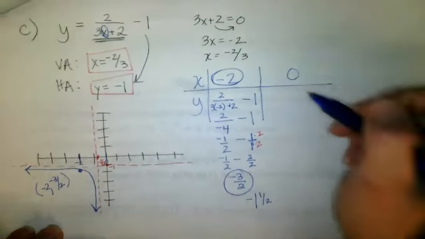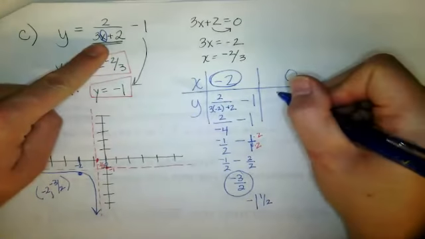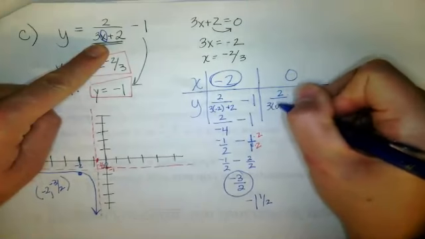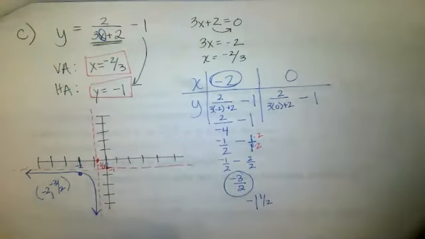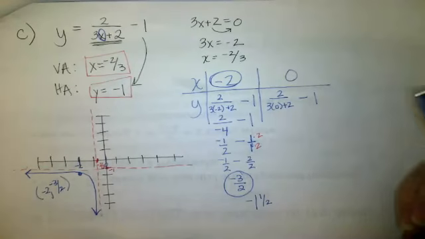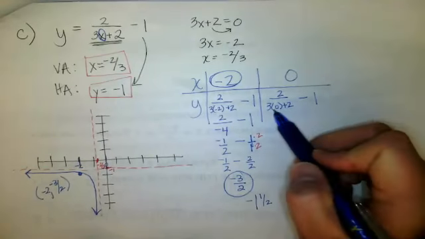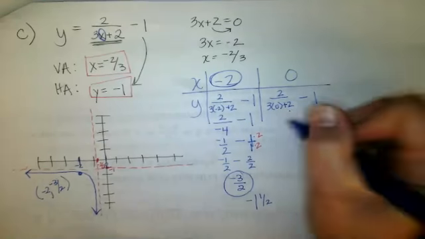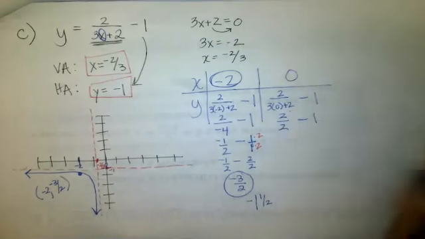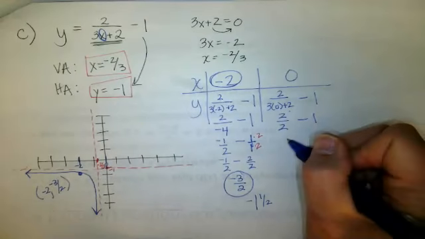Let's see what happens when I plug in a 0. Again, plugging in 0 for x, 2 over 3 times 0 plus 2, minus 1. What's 3 times 0? 0 plus 2? 2. So we get 2 over 2 minus 1. What's 2 over 2? 1.